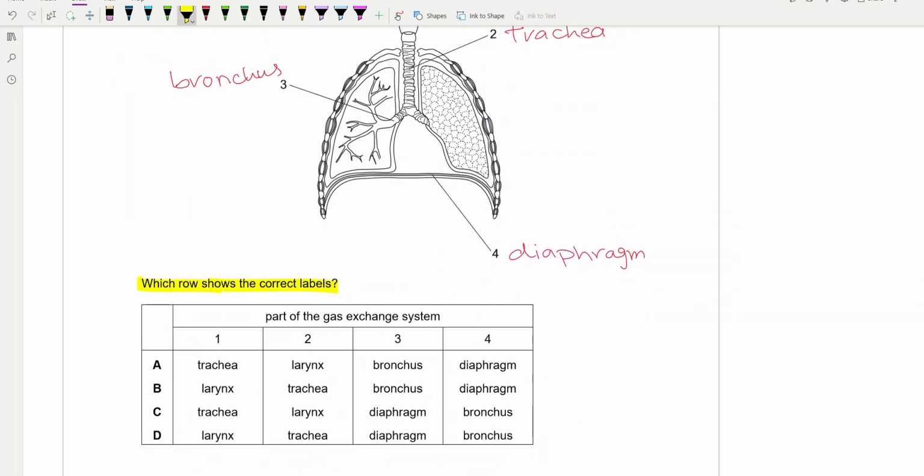Which row shows the correct labels? So number 1 is larynx, option B and D. Number 2 is trachea, option B and D. Number 3 is bronchus, option A and B. Number 4 is diaphragm, option A and B. So the correct option would be option B.